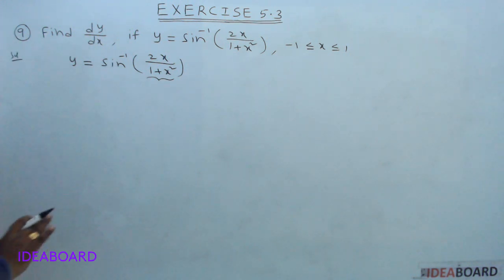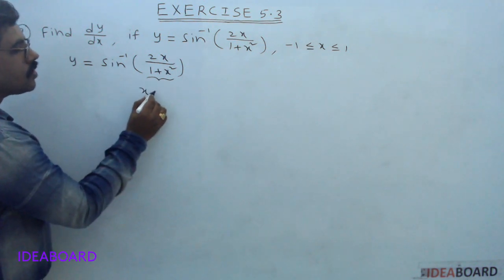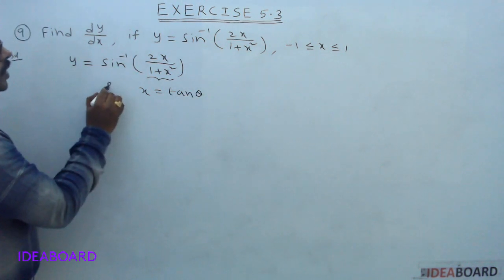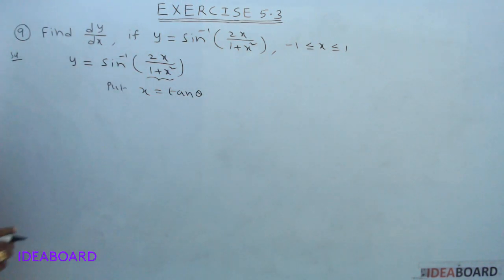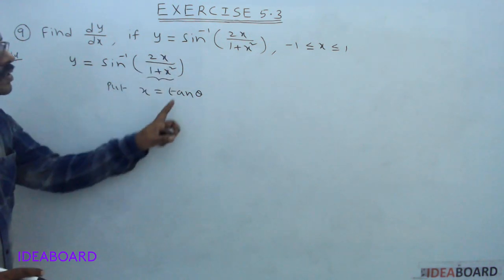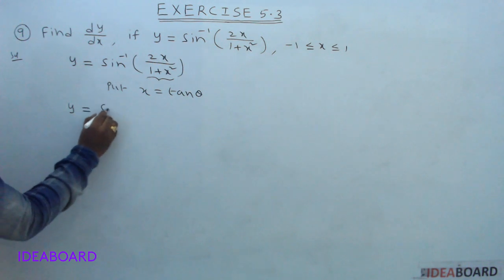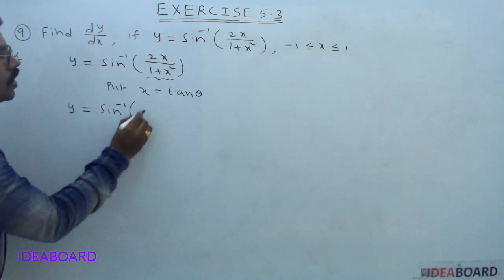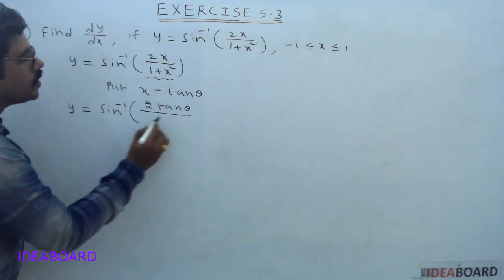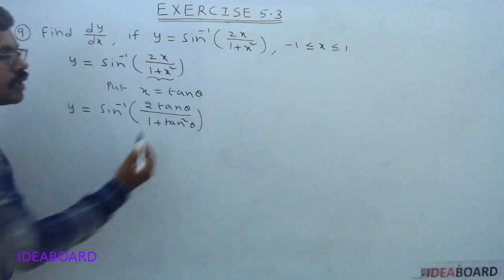For that purpose, I will take the substitution x equals tan theta. Put x equals tan theta. In this expression, instead of x, substituting tan theta, y equals sine inverse of 2 tan theta divided by 1 plus tan square theta.